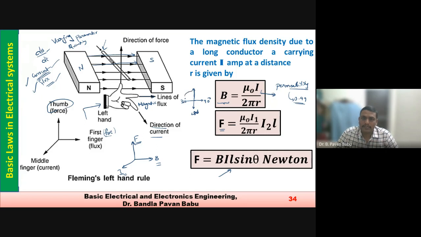Like this it will be rotating continuously. So for all the angles, the force is not constant here. Of course the overall force should be maintained constant, but for different angles, for example sine 0, what is sine 0? It is 0. What about sine 90? It is 1. Like this the force also varies depending upon the angle.